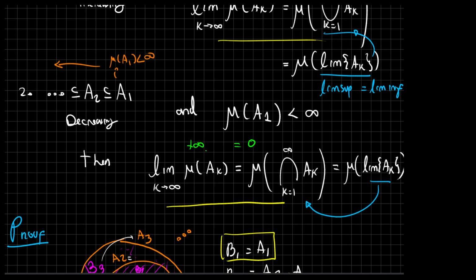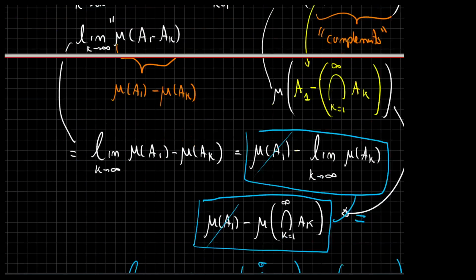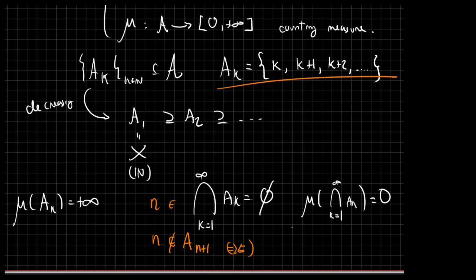But what is failing here is that we are not considering the hypothesis that tells us that the first set has finite measure, and by that every measure is finite. So this shows that this condition is necessary, right? If you don't take this into account, then you will have nonsense like 0 is equal to plus infinity.